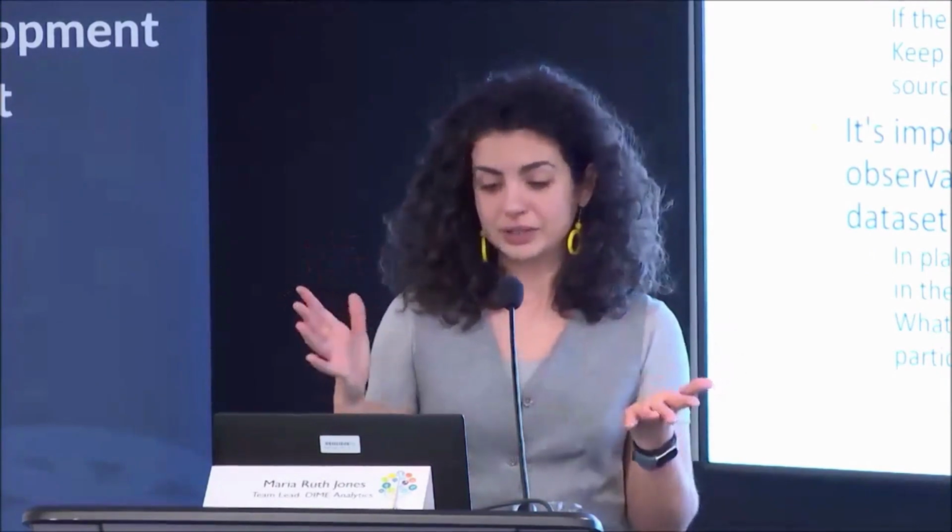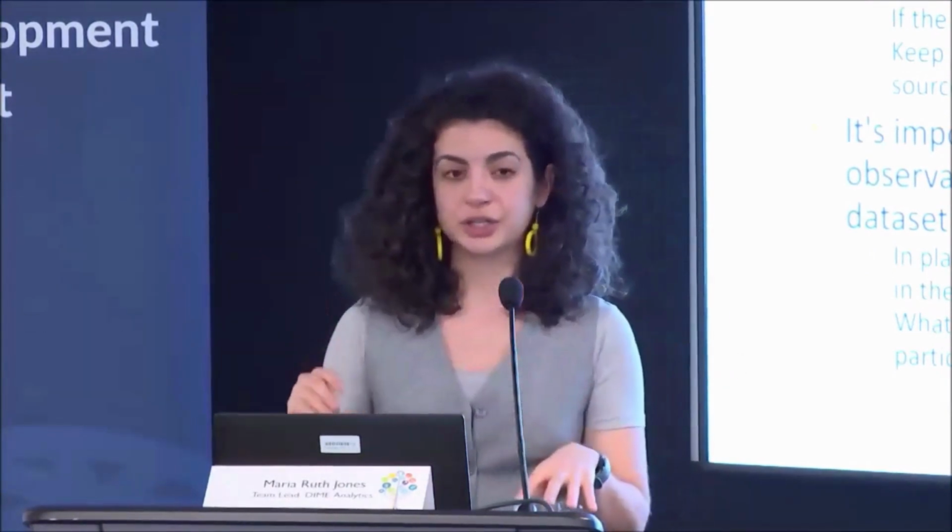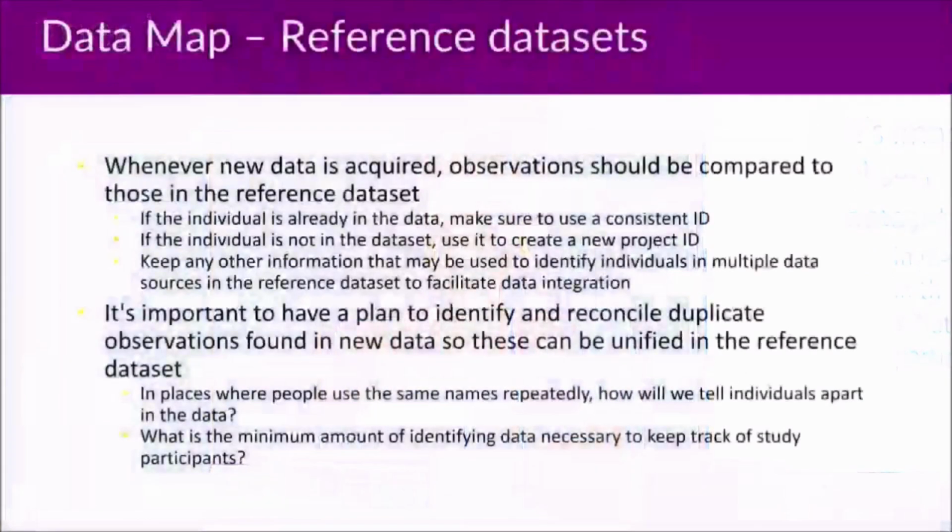So basically, this is the plan to make sure that we have a consistent unit of observation, and it consists of identifying a variable, and we'll talk in one slide about why identifying variables are important. It's important to know about your context and have a plan for things like, is there a name that is commonly used in a village or across a culture?